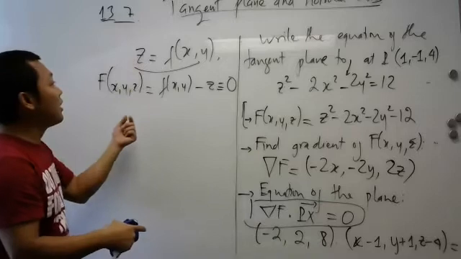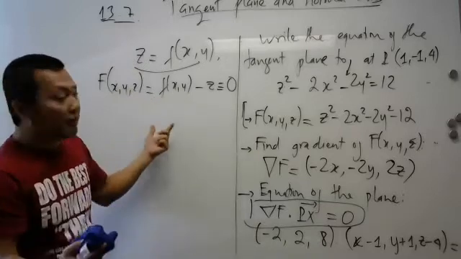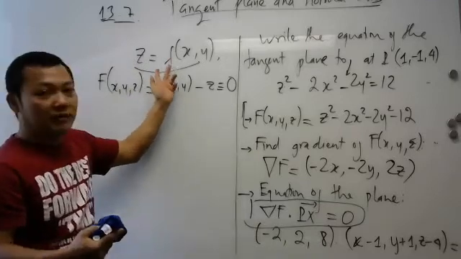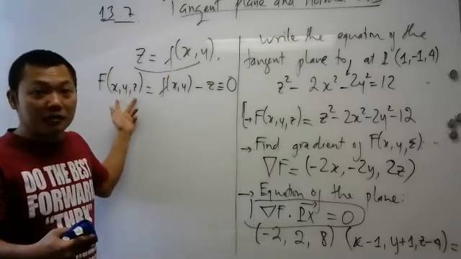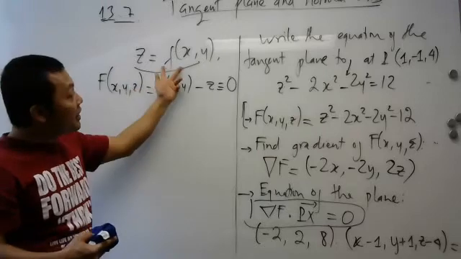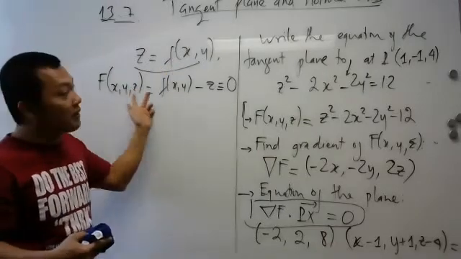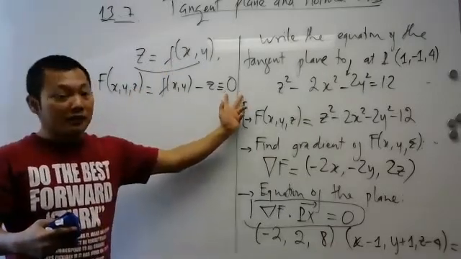And look at this. We figured out that the surface of this function is just a level surface of this function, for the value 0.